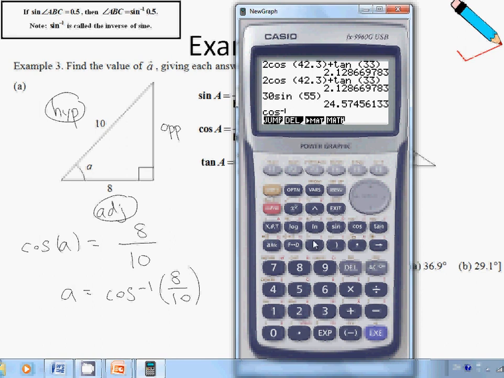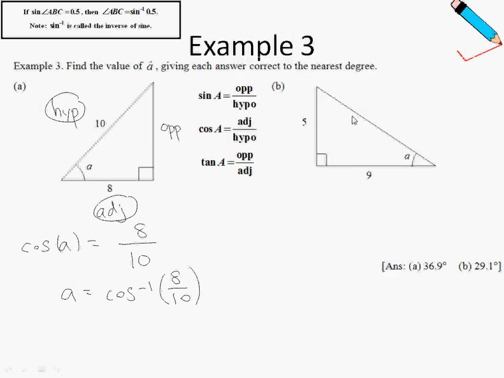Open brackets, 8 divided by 10, close brackets. As you can see, angle A is 36.9 degrees.